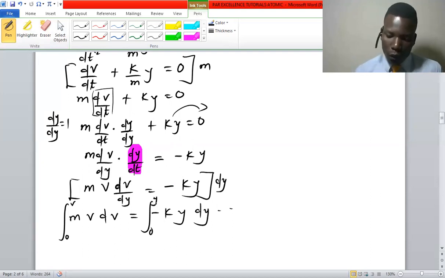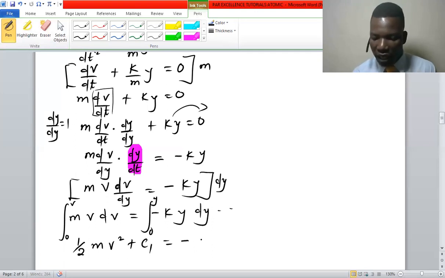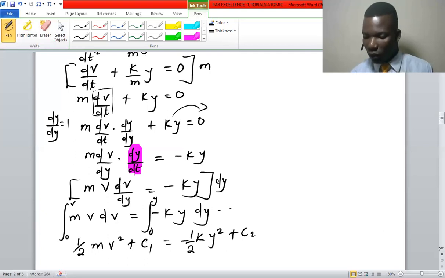When we integrate this, v is going to be integrated and m is constant, so we're going to have half m v squared plus c1, a constant after integrating. And here we're going to have negative k outside, it's a constant, and when we integrate y, we're going to have half y squared plus c2, a constant as well.